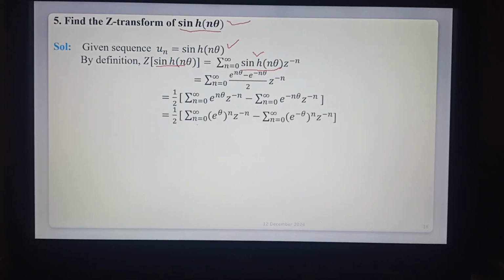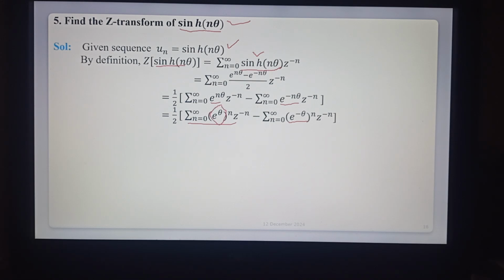So here e power n theta means e power theta whole power n into z power minus n, minus, similarly, e power minus n theta can be written as e power minus theta whole power n.